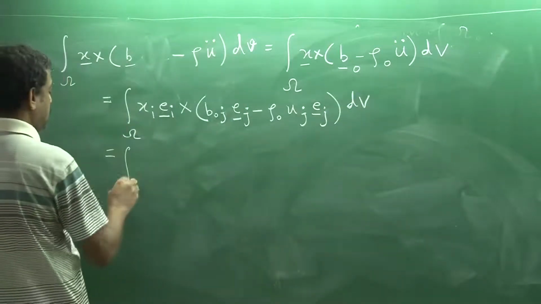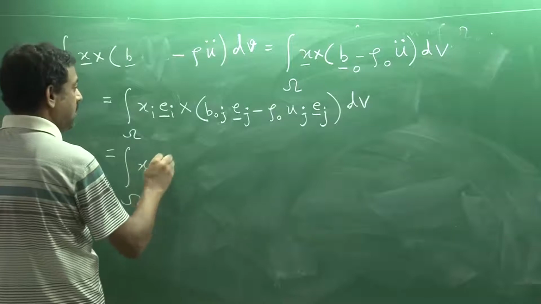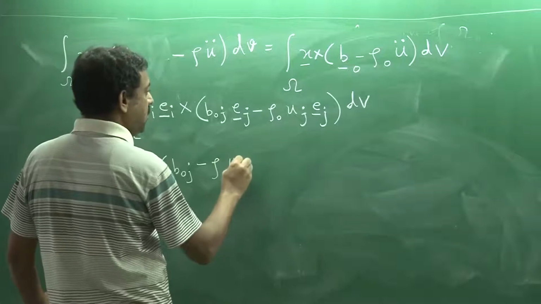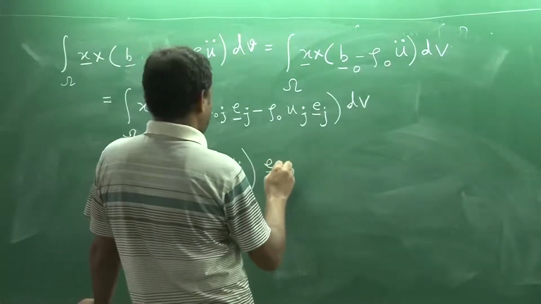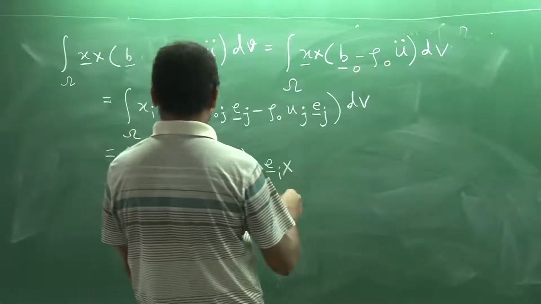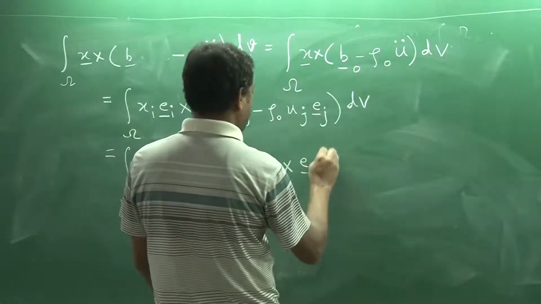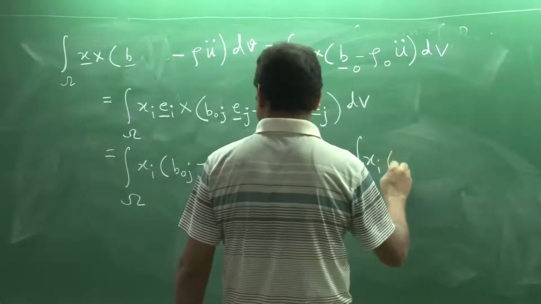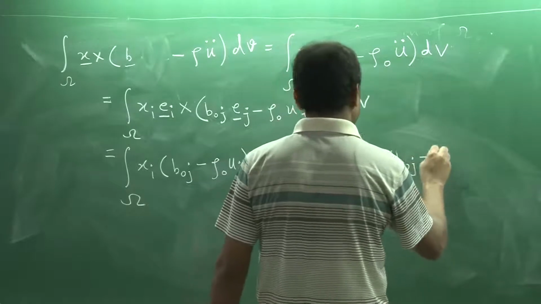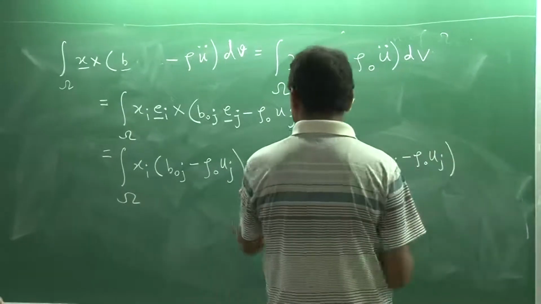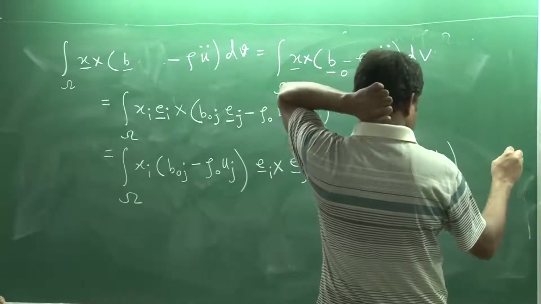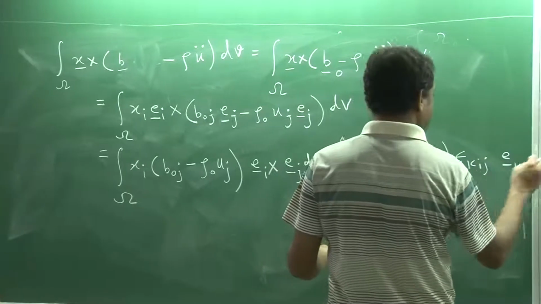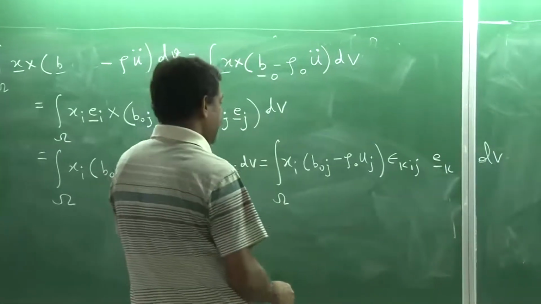And then on this x_i, I will just take it out, b_0j minus rho_0 u_j, okay, and then cross e_j dv, which is nothing but x_i, b_0j minus rho_0 u_j, maybe k I will write, epsilon_kij dv, okay.